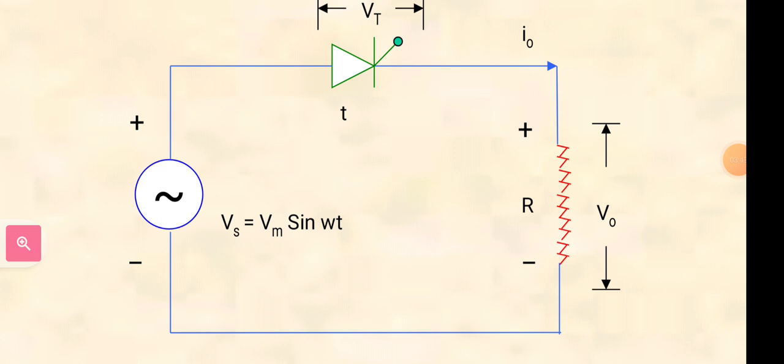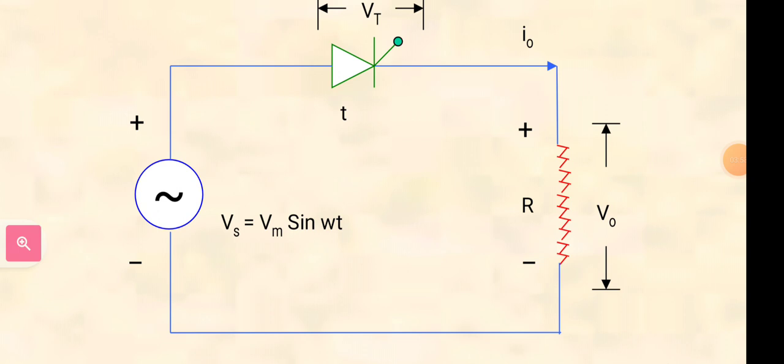At the instant of delay angle or firing angle alpha, the voltage V0 rises from 0 to Vm sin alpha, the maximum sin value.